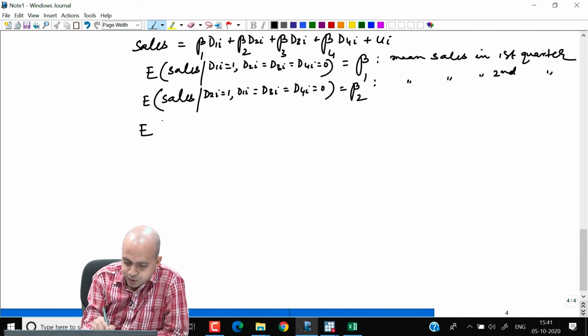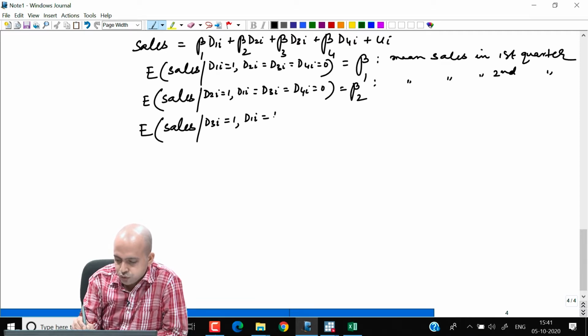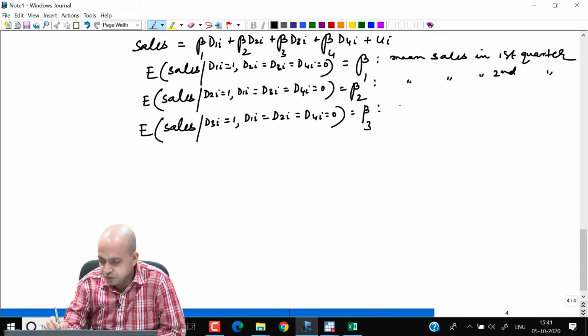Similarly, expectation of sales given d3i equals 1 and d1i equals d2i equals d4i equals 0 is beta 3, and that indicates mean sales in the third quarter.